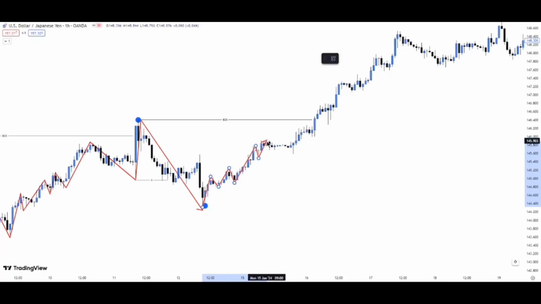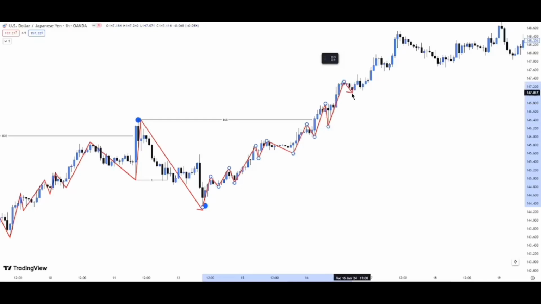Went up. Okay? Pullback. Went up. All right? Pullback. Went up. Pullback. Okay? Went up. Pullback. Went up.